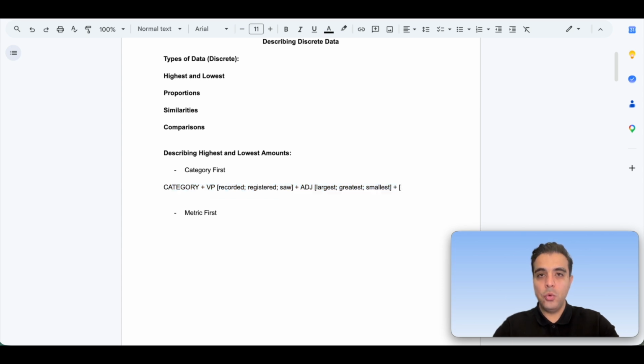Now we want to add a quantifier like number, percentage, proportion, share, amount, or quantity. Of course, we need to mention the NP, that is what is being compared, and this is one way of describing the structure. Now, let me show you exactly how this can be used with an example.